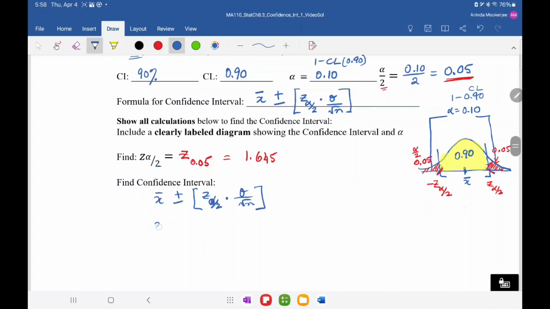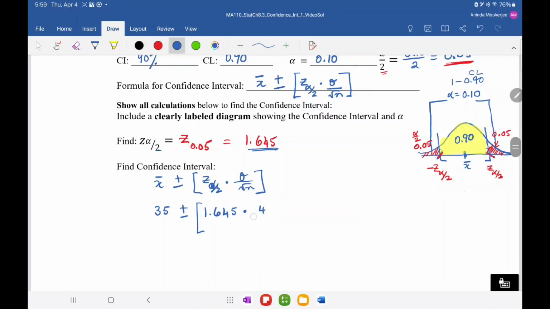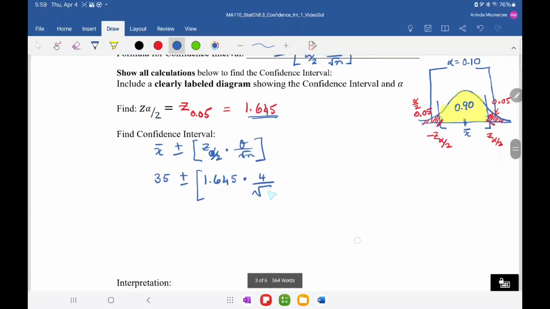So it's 35 plus minus z of alpha by 2 we just found from our table is 1.645, and then sigma given to us is 4. So let's write the 4, and divided by square root over n was 25. So I'm going to write square root over 25. Right? So we'll end up with 35 plus minus 1.645 times 4 over square root of 25, which is 5. So again, this is a multiplication.